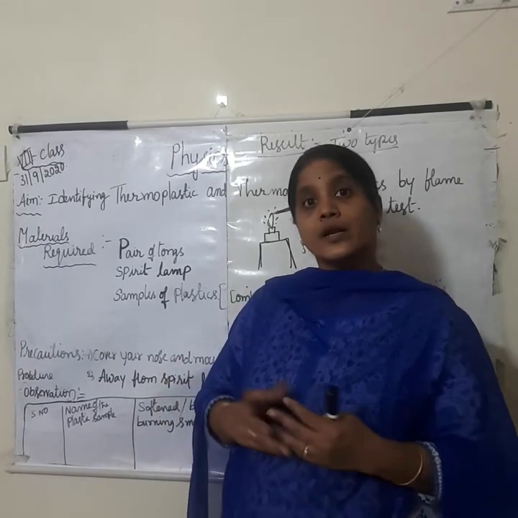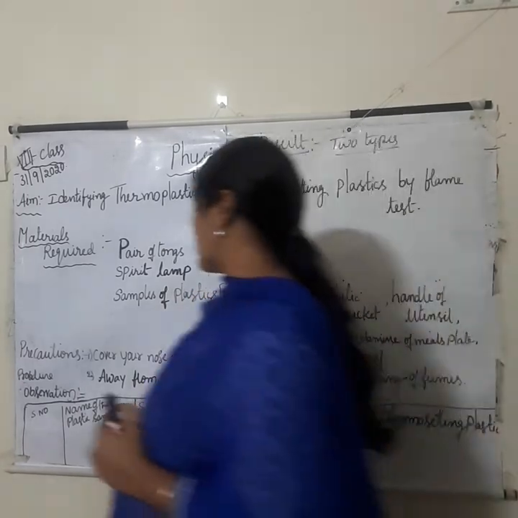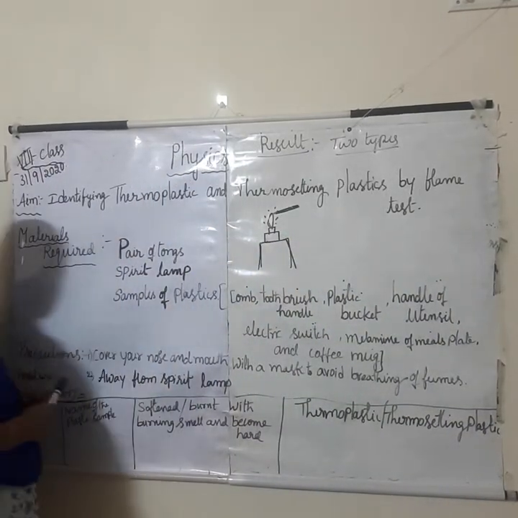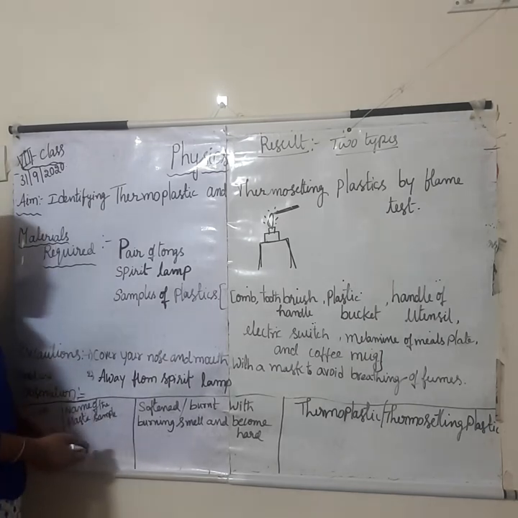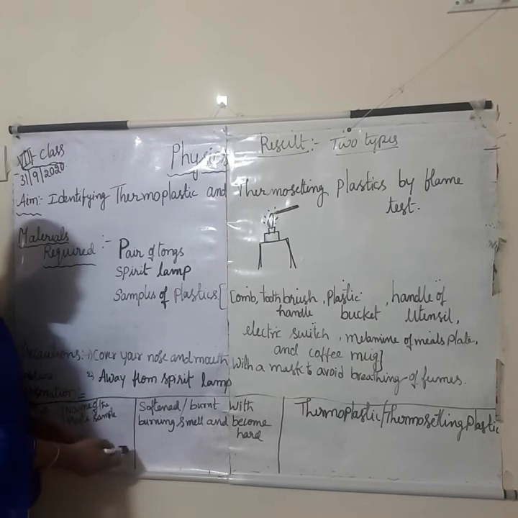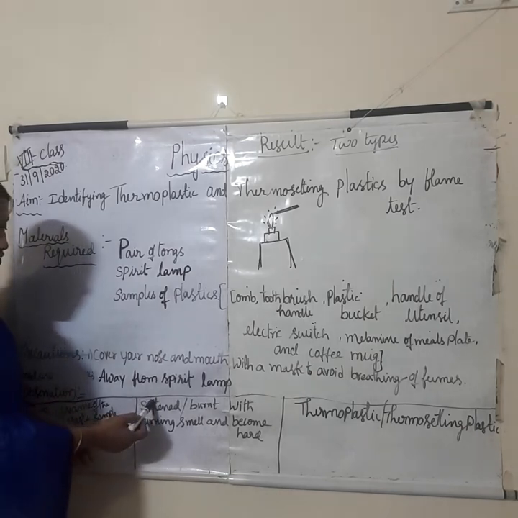Now, the observations you got from this activity, you must write in a table. In the observation table, you write the serial number and the name of the plastic item you are taking: piece of comb, piece of bucket, piece of handle, piece of electric switch, each one. After burning, you note whether it is softened or hard.